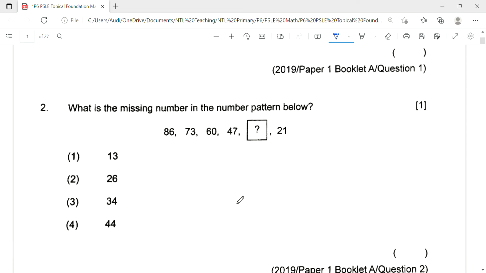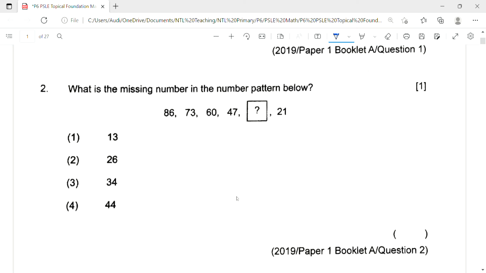Now number 2. What is the missing number in the number pattern below? Whenever we come across number patterns, we try to see what is the relationship between this number and the next number. The first number is 86, the next number is 73, then after that it's 60. So the numbers are decreasing, getting smaller and smaller. We find out by how much they decrease.